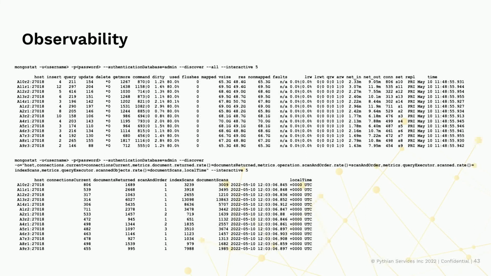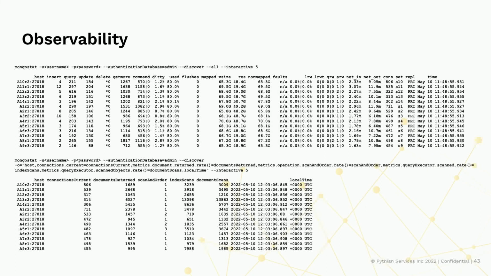This command runs in interactive mode, refreshing data every 5 seconds. The downside is that you need to have that command handy: you copy-paste it on a MongoS instance, connect to the cluster, and whatever metrics you don't want to see, you have to delete and run the command again.